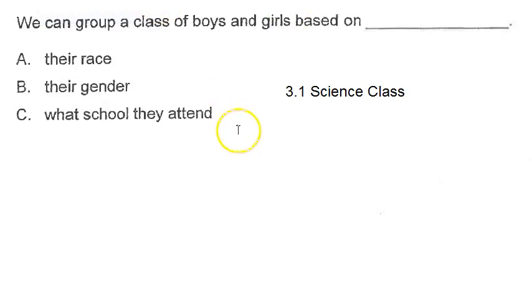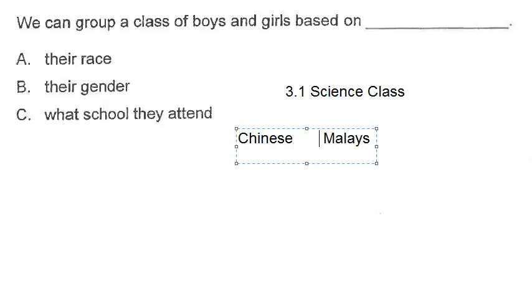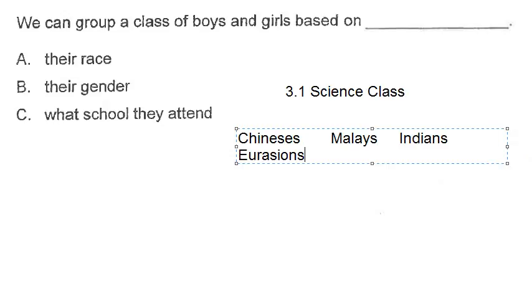If we consider by race, we can have many groups. In fact, Chinese, and then we have Malays, and then we have Tamil, or Indians. And then we have Eurasians, and then we have Filipinos, and then we have a lot of other groups, right? Vietnamese, we have Vietnamese in our class.